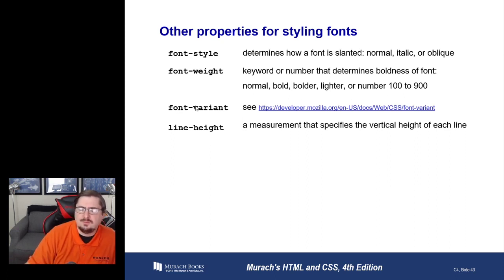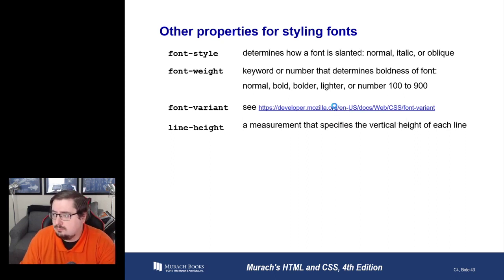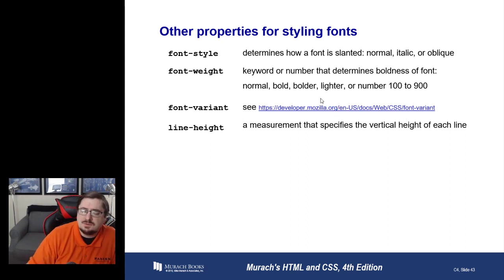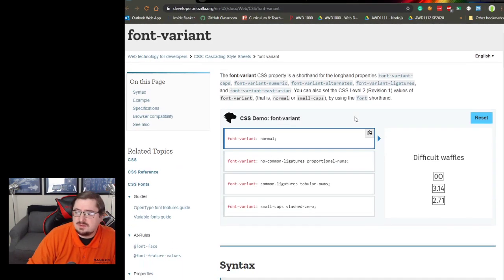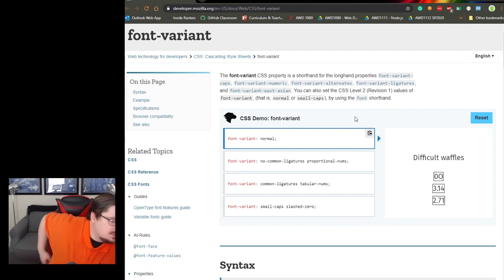There's also font variant. You can read up here about what all those different settings are, because there actually are quite a few more font variant options than your textbook discusses. Some of those are just because it's new.